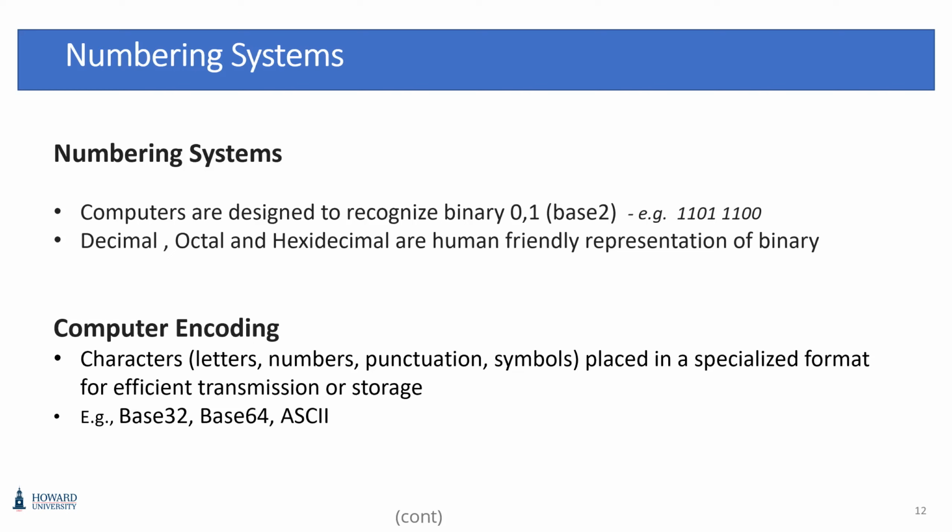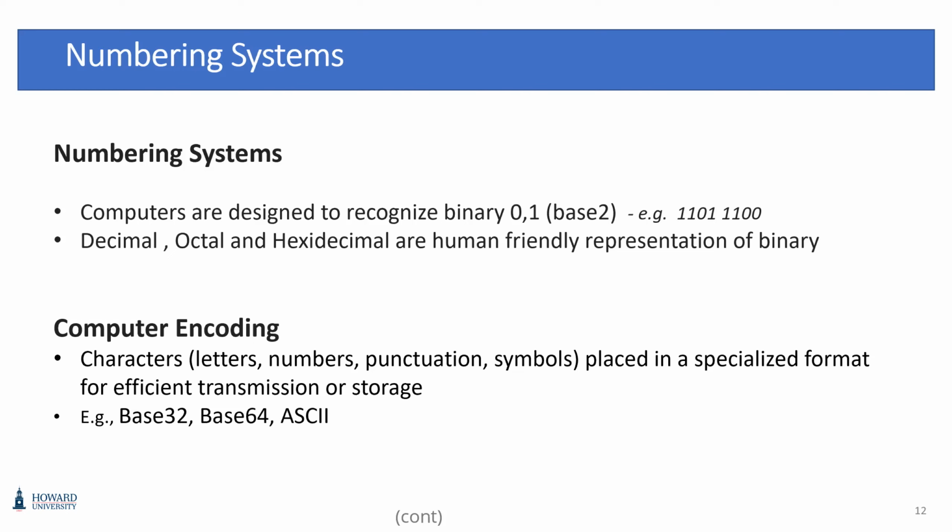However, binary ones and zeros are not user-friendly, and most applications are not designed to accept binary. So what is happening within the system is those binary data representations are being converted into other numbering systems or data formats that are more user-friendly and more efficient to use within a system.